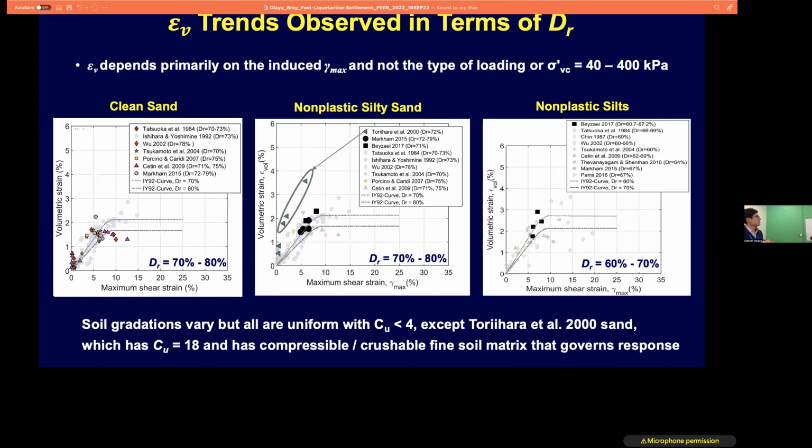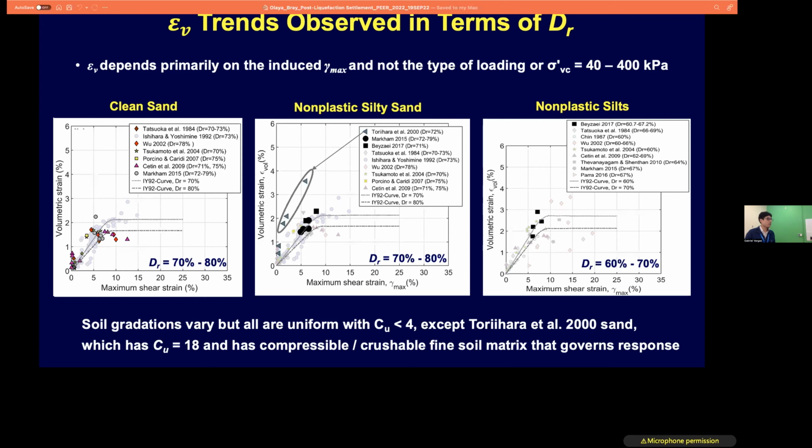So we analyzed clean sands initially. The Ishihara original data is shown in lighter colors, and the new data is shown with darker markers. And as you can see, they are consistent. When we move to silty sands, again, the clean sand information is shown in lighter colors, and the black markers are the new information we collected. Again, we see that they are consistent in the responses, except for these gray triangles.